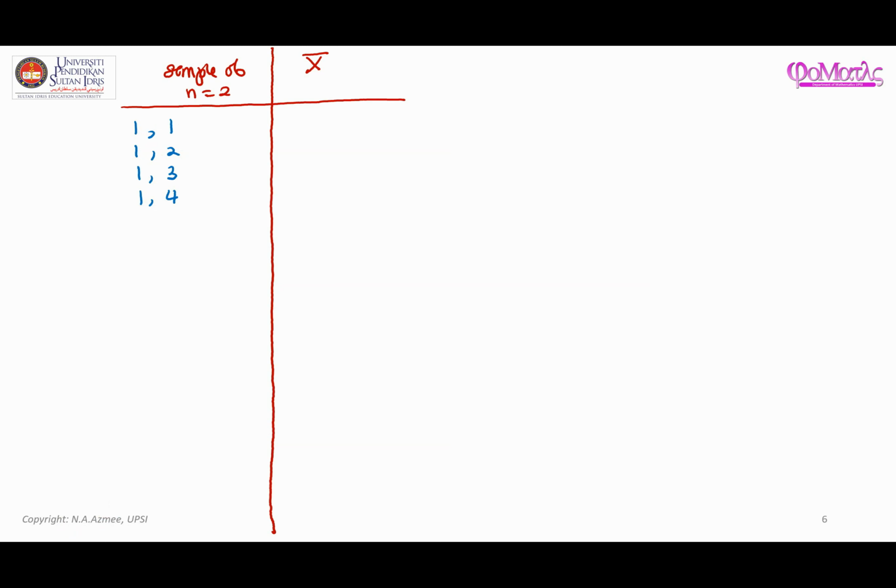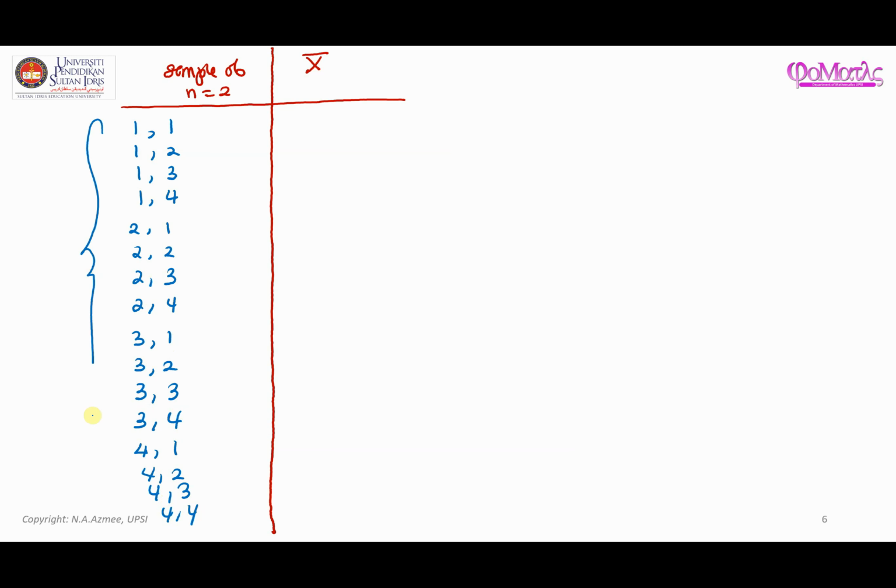The next one that you get, you might get 2 and 1, 2 and 2, 2 and 3, 2 and 4. You may also get 3 and 1, 3 and 2, 3 and 3, 3 and 4. And finally, you may get 4 and 1, 4 and 2, 4 and 3, 4 and 4. So altogether, there are 16 possible different samples.